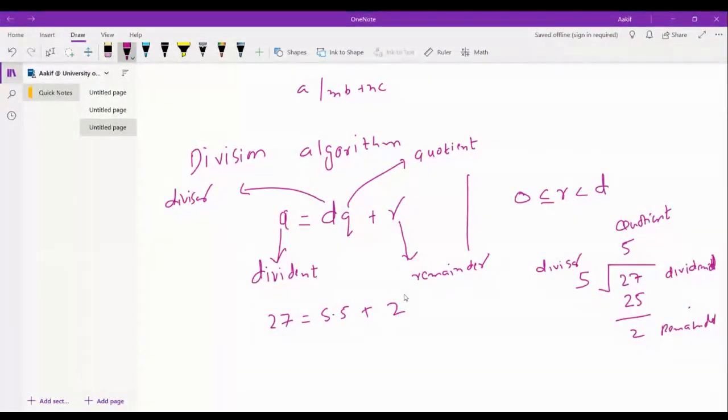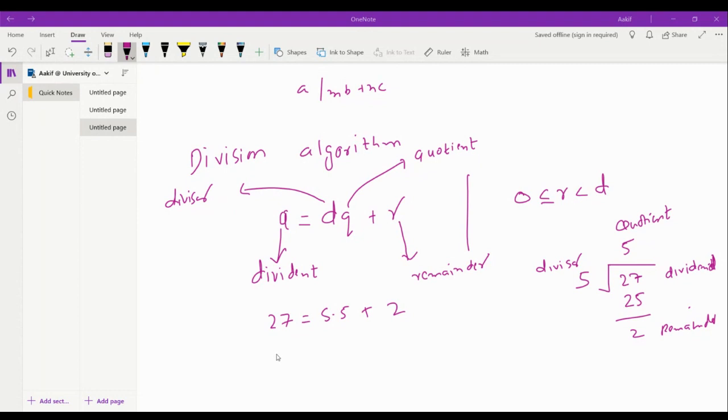So this division algorithm gives us two things. It has the division part and it has the modulus part.